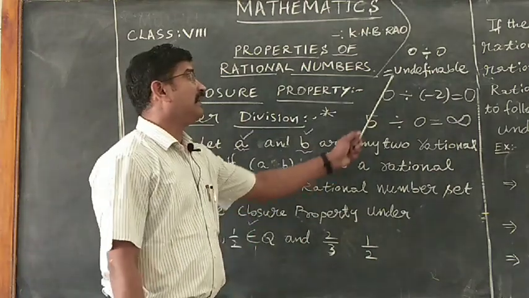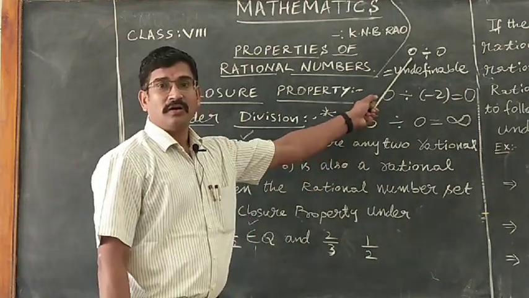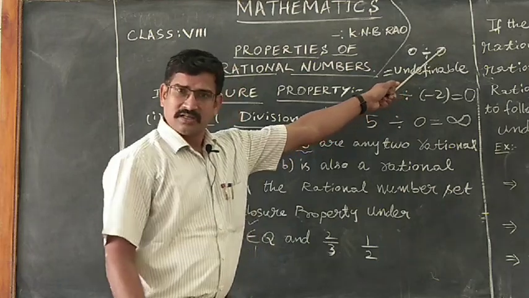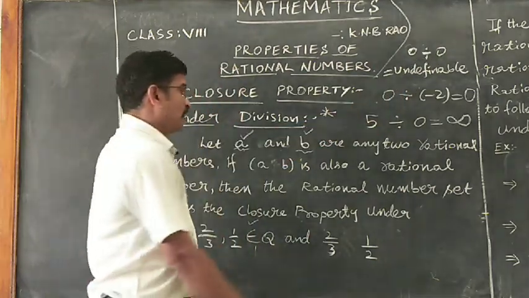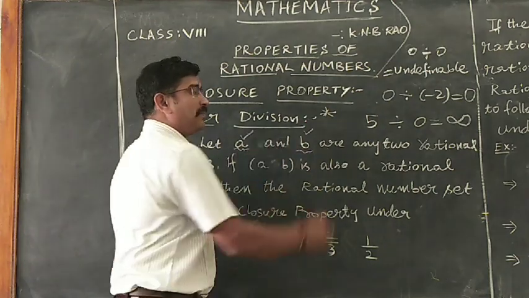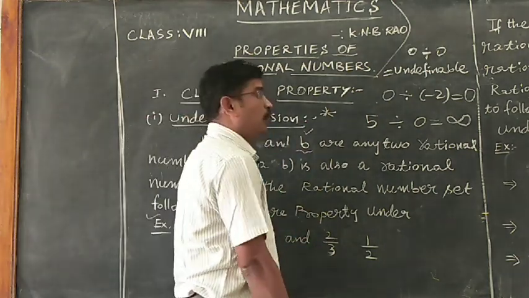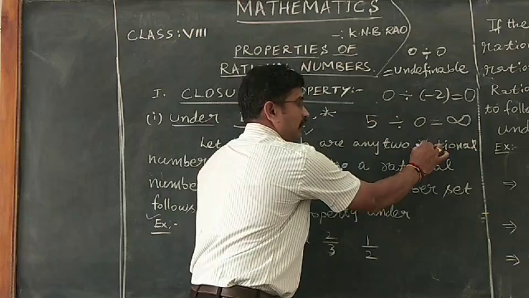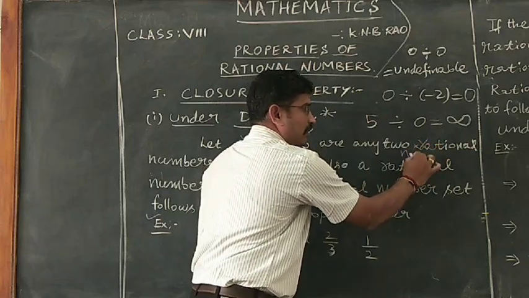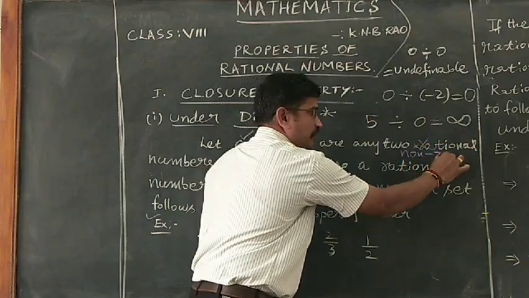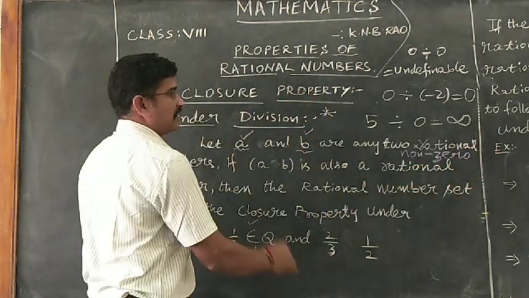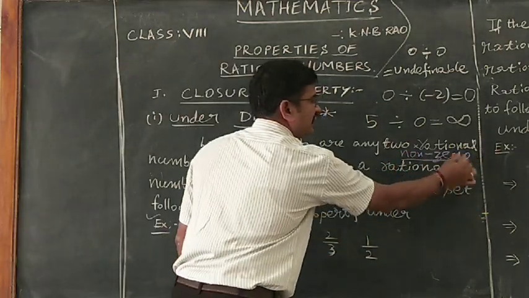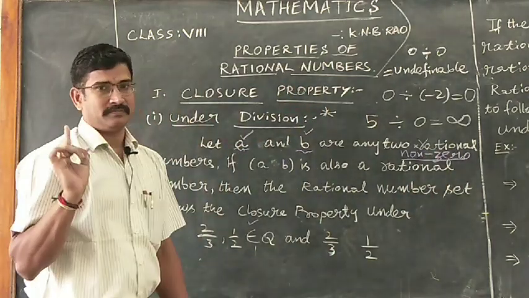So, neither the numerator is 0 nor the denominator is 0, since it is a division operation I am saying. Okay, so let A and B be any two non-zero rational numbers. With this important condition, we will proceed.